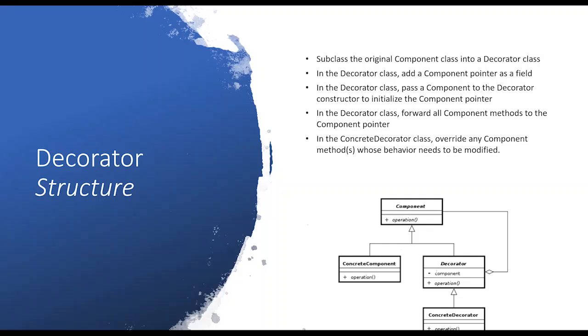It will act as the wrapper. The default implementation of the wrapping code might include a field for storing a wrapped component and the means to initialize it. And concrete decorators call the wrapped object and alter the result, alter the operation.